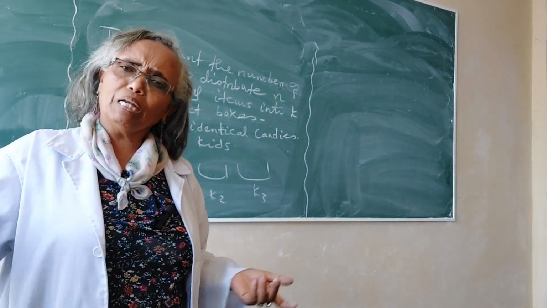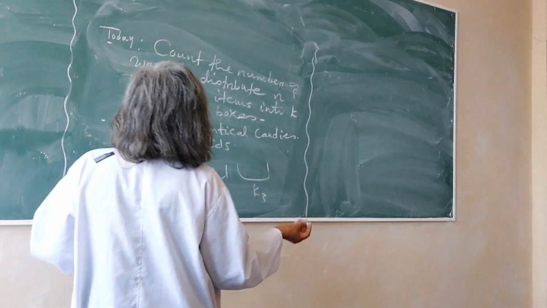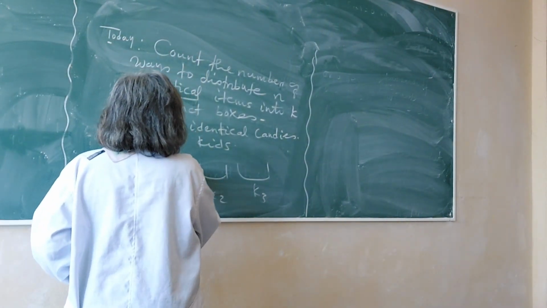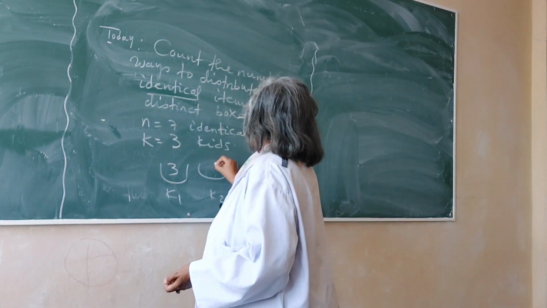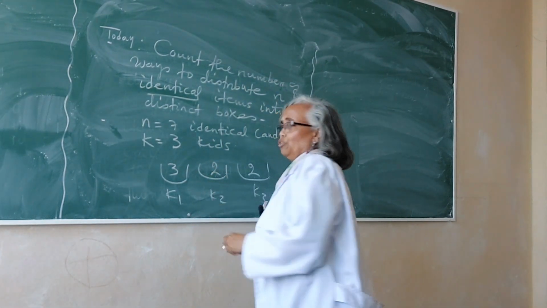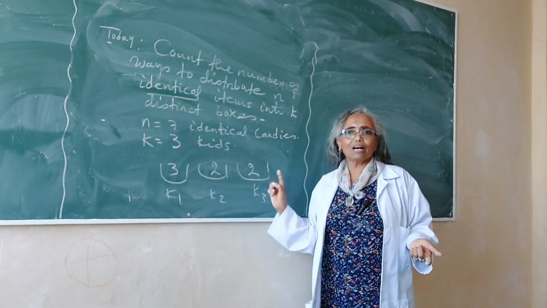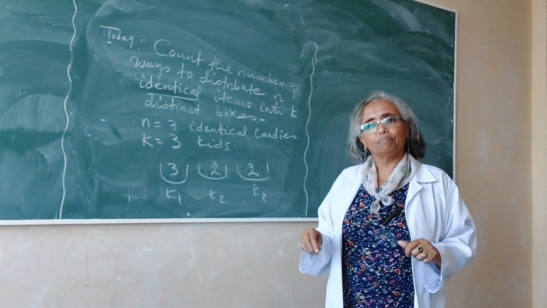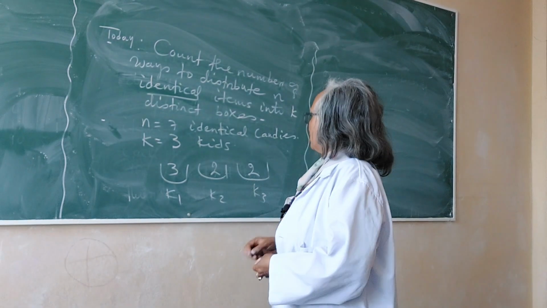Well, let me do a distribution. Out of 7, let me give this one 3, let me give this one 2, 3 plus 2 is 5, I'll be left with 2, so I have a distribution here.